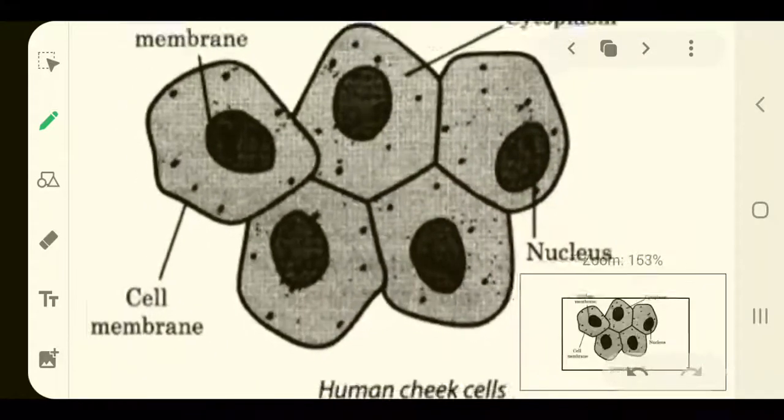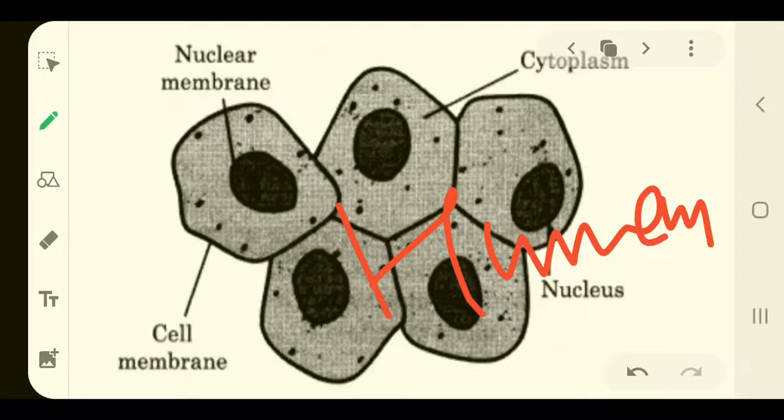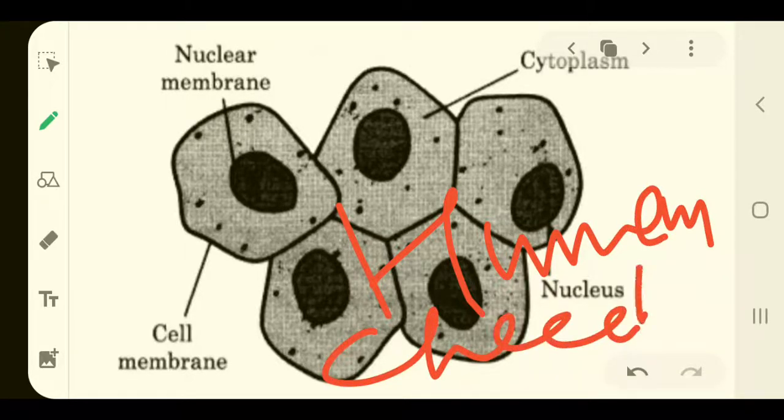Now this gives you an example of the cells of our own cheek. This is a diagram of a human cheek cell. You have it in your textbook also. As you can see in the diagram, we have these cells bounded by the cell membrane. Check out the name, cell membrane.